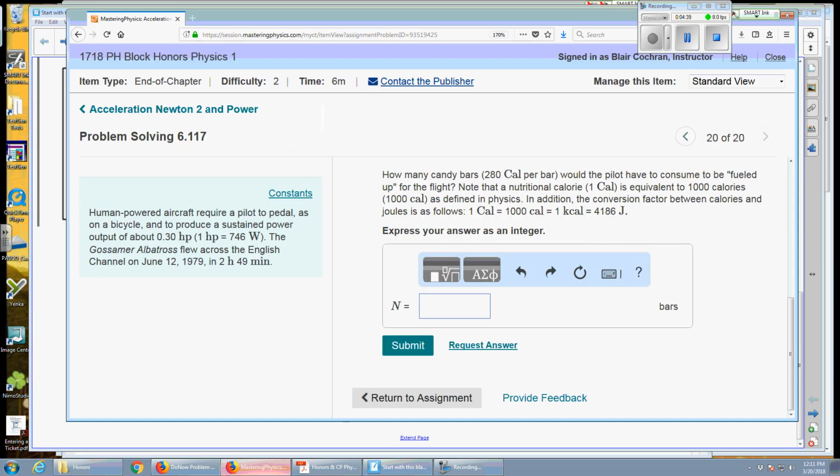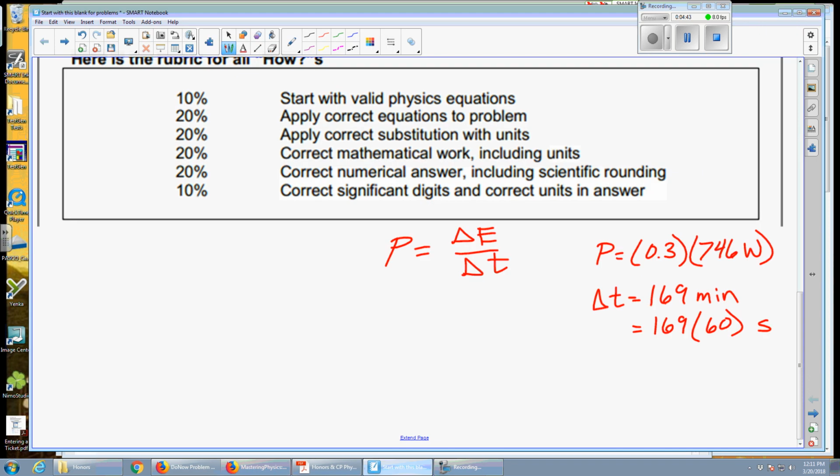So for part A, all I'm doing is plugging in, right? 0.3 times 746 watts equals delta E over 169 times 60 seconds. It's all for delta E.